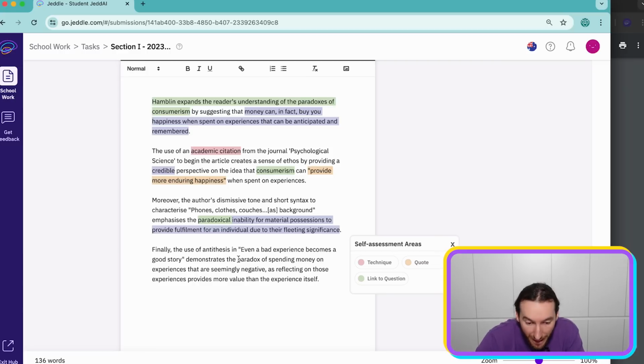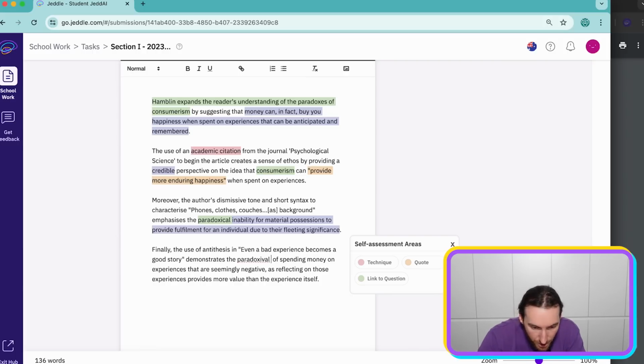It demonstrates the paradox of spending money on experiences that are seemingly negative. I'm going to say even. Demonstrates the paradox of spending money. Well, let's say this paradoxical value.